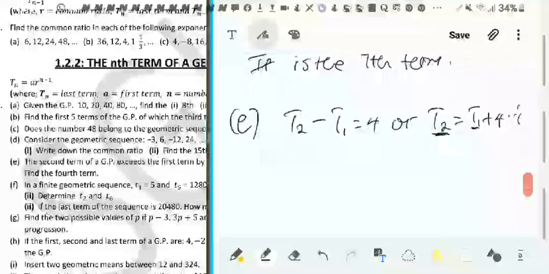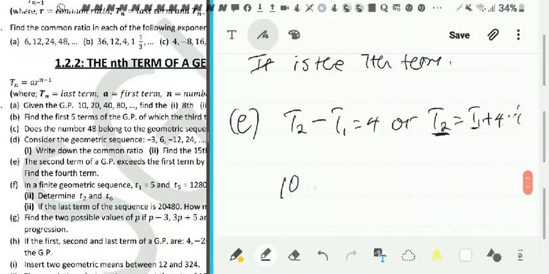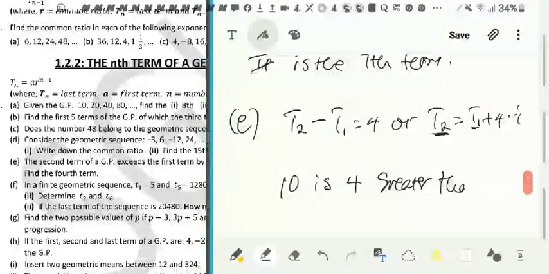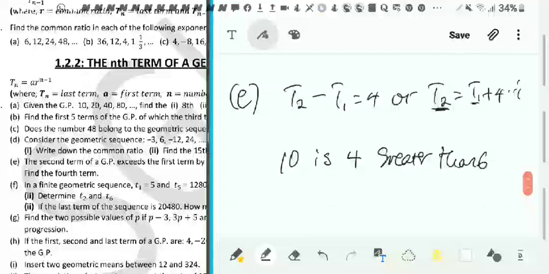Just for example, though this is not a word problem class, so I won't really explain it like that. Maybe when we get to word problems, I'll explain all these things better. But let me just do a little bit of explanation. We all know that 10 is 4 greater than 6. If you want to express this, it means that 10 minus 6 is equal to 4.